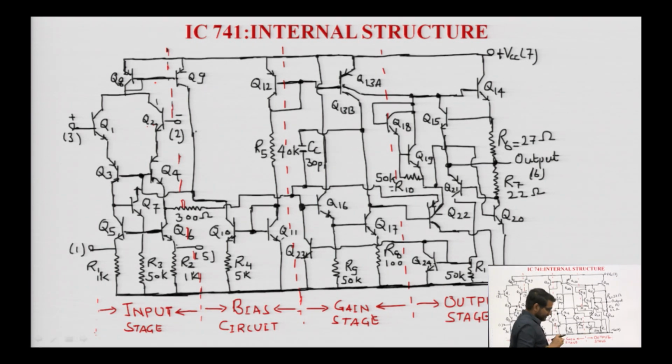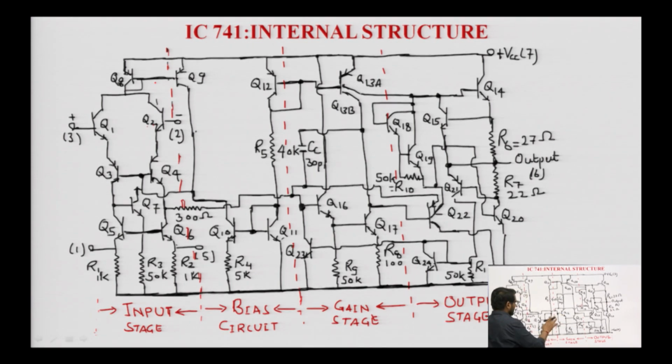The internal circuit of IC 741 contains many emitter followers, that is, common collector amplifiers, and the common collector amplifier gives high input impedance, which minimizes the loading effect. Suppose the gain stage has Q16 as the common collector, that is the emitter follower.